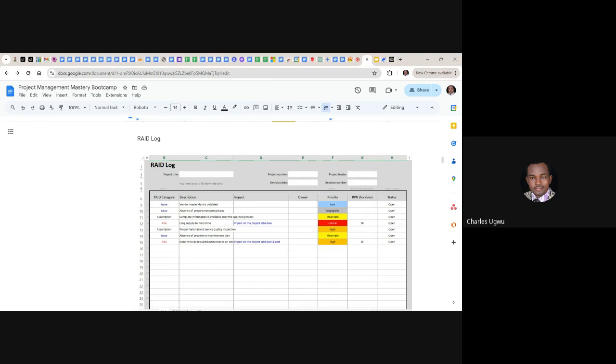But if activity A is now taking 3 hours, it's now delaying activity B from starting at the normal time it should start. And you can see it's now beginning to cause a problem within that project.